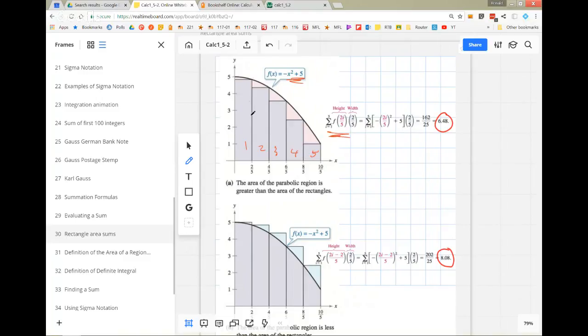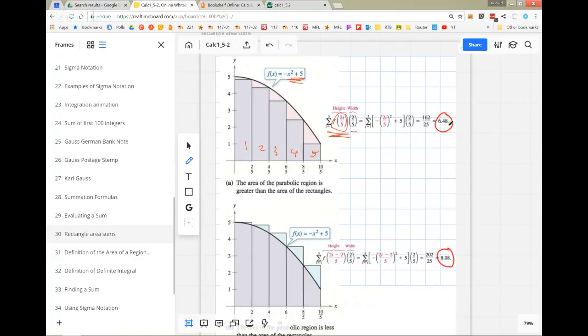The height is this f of right here, and the width, as you can see, is 2/5. So length times width, and then do it for all 5 rectangles.